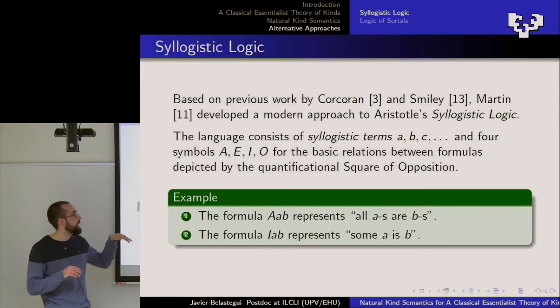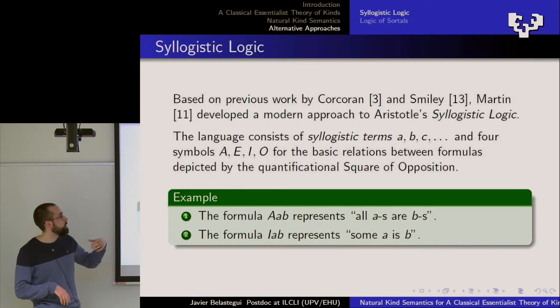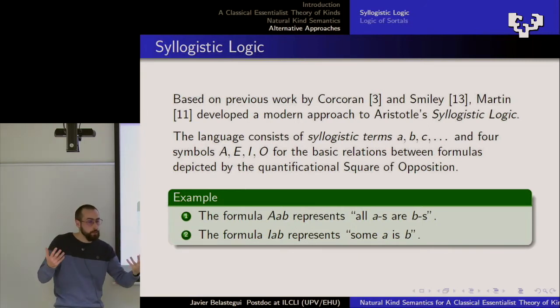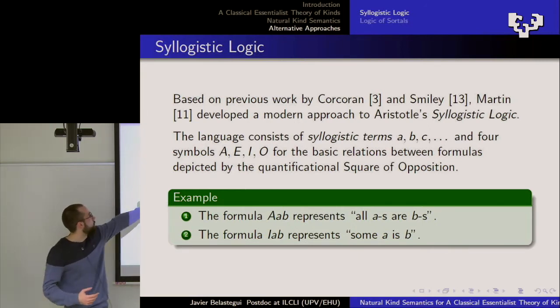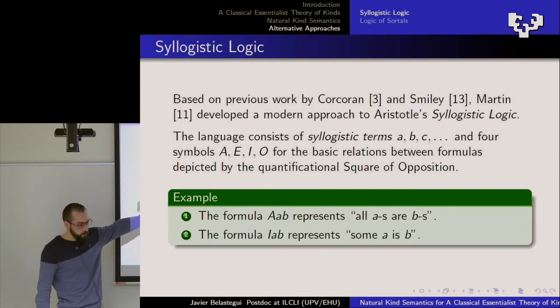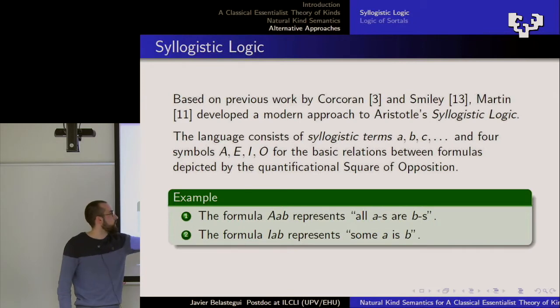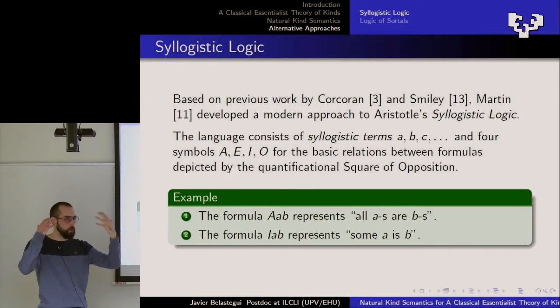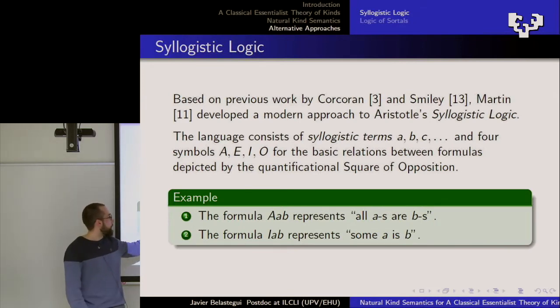You have syllogistic terms, A, B, C, and so on. So you could think of this as denoted kinds. And we have four symbols that basically represent the relations between propositions according to the quantificational square of opposition. So the idea is, big A, little b represents all A's are B's.